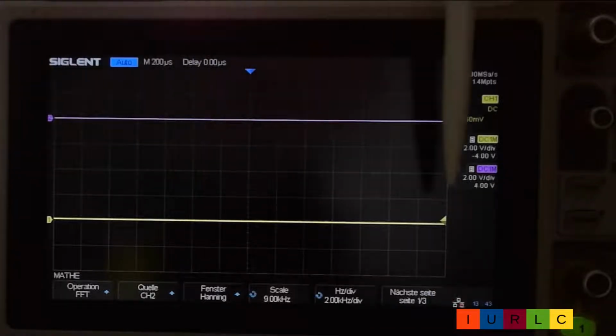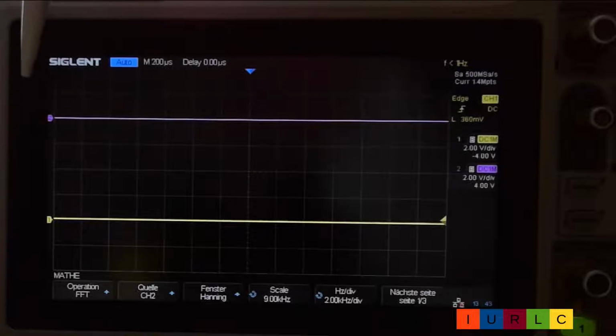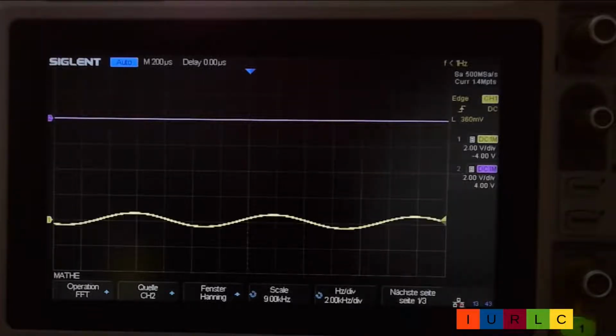The yellow signal is the input signal from the signal generator, and the purple signal is the output signal to the loudspeaker. I increase now the input signal, and we are still below 0.7 volt, and so we have no output signal.